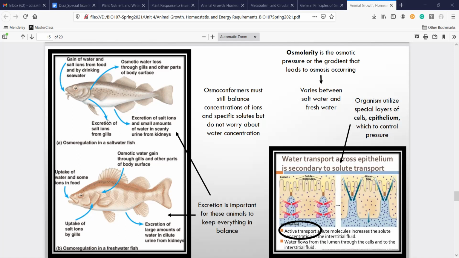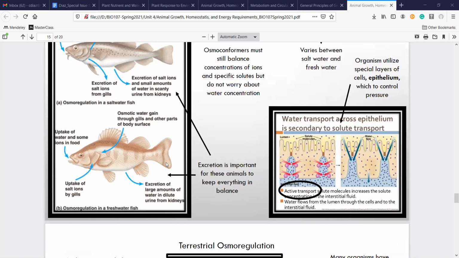And then when it pees, one thing that's really important is how do different organisms pee? Well, a saltwater fish is going to be peeing out a lot of salt, and it's going to have a minimal amount of water. It wants to get rid of the salt and keep that water in it.